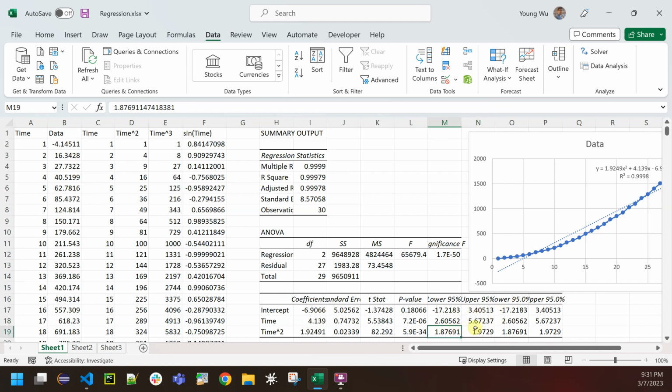And for time squared, this coefficient with 95% confidence is between 1.8 and 1.9, so it's basically just around 1.9. So I think that's all the numbers you need to look at.